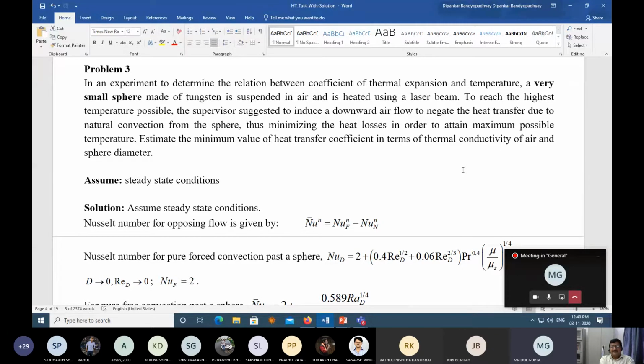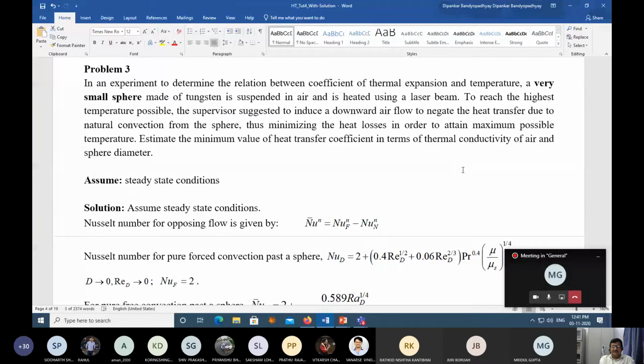To reach the highest temperature possible, the supervisor suggested to induce a downward airflow to negate the heat transfer due to natural convection from the sphere, thus minimizing the heat losses in order to attain maximum possible temperature. Estimate the minimum value of heat transfer coefficient in terms of thermal conductivity of air and sphere diameter. Assume steady state condition.